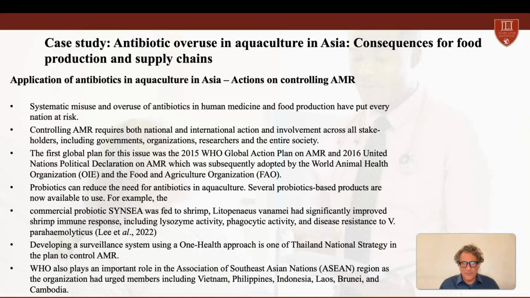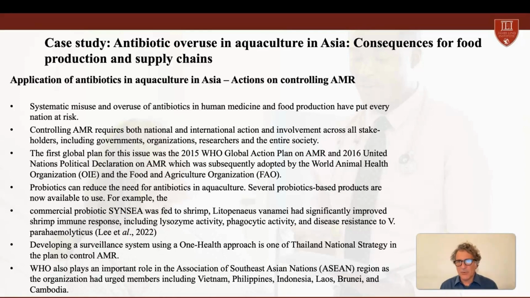For example, the World Health Organization created a global action plan on AMR in 2016, and there is also collaboration with the Food and Agriculture Organization and the World Organisation for Animal Health.